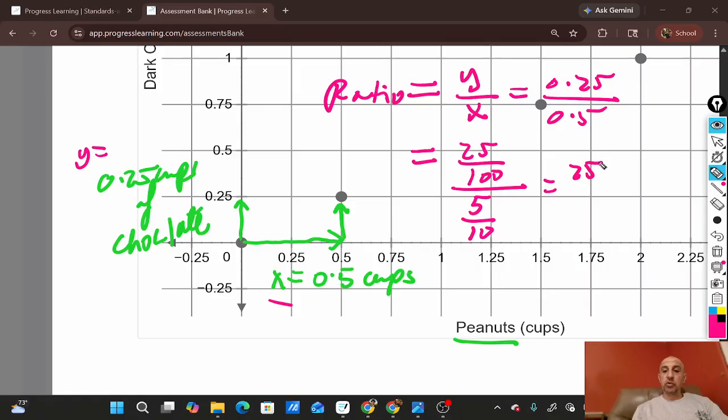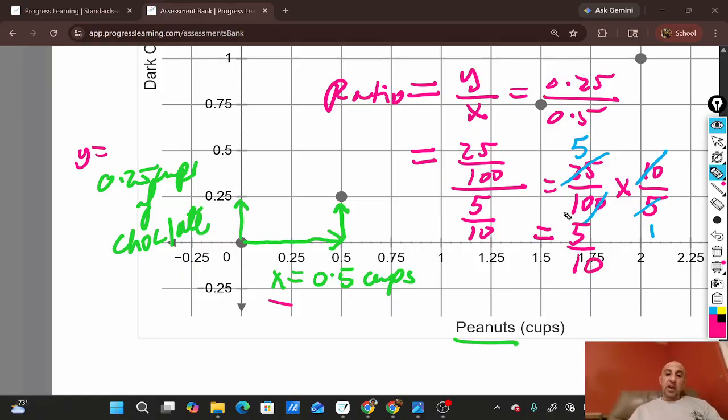This is 25 over 100 multiplied by 10 over 5. Now we can cancel the 10 with the 100, and 25 divided by 5 equals 5. So finally we have 5 over 10. We need to remember this ratio, which is 5 over 10.